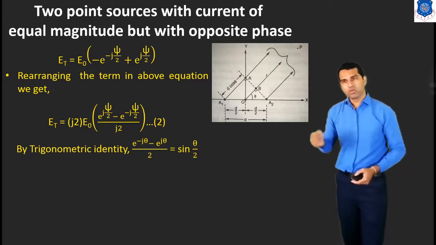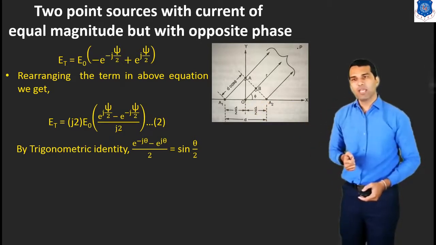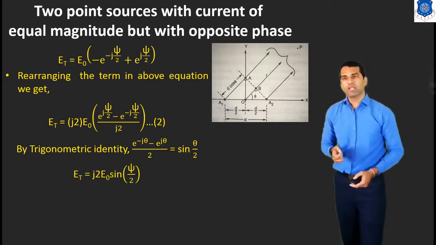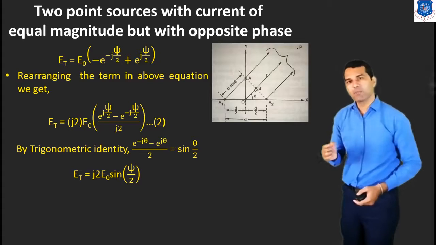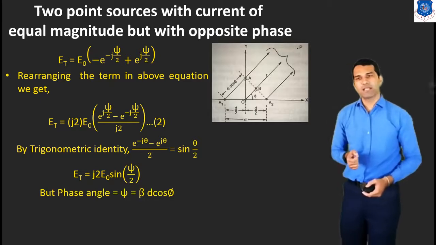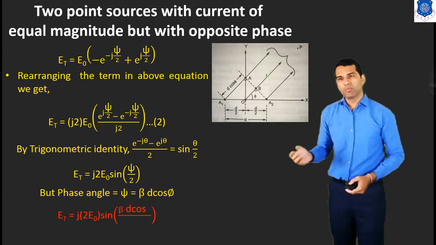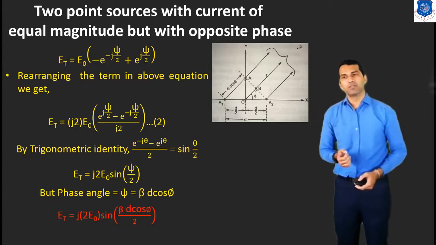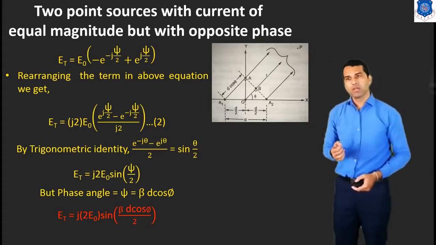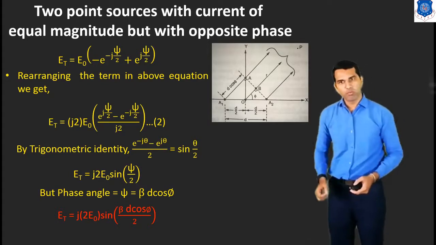Now we use this identity in this equation, where instead of theta we have psi by 2. So we can write this equation as j2E0 sine psi by 2. But we know that the phase angle psi is equal to beta d cos phi. So we put the value of psi in this equation and we get ET equals j2E0 sine of beta d cos phi by 2.